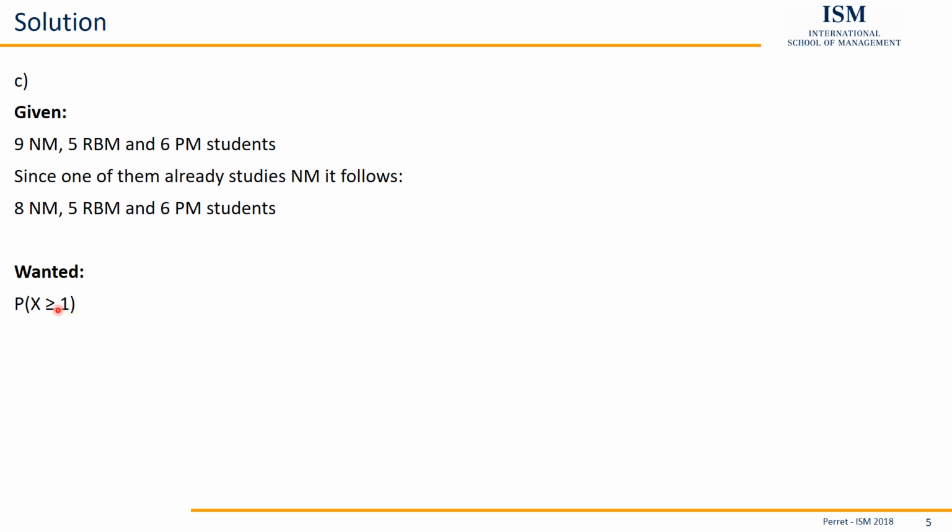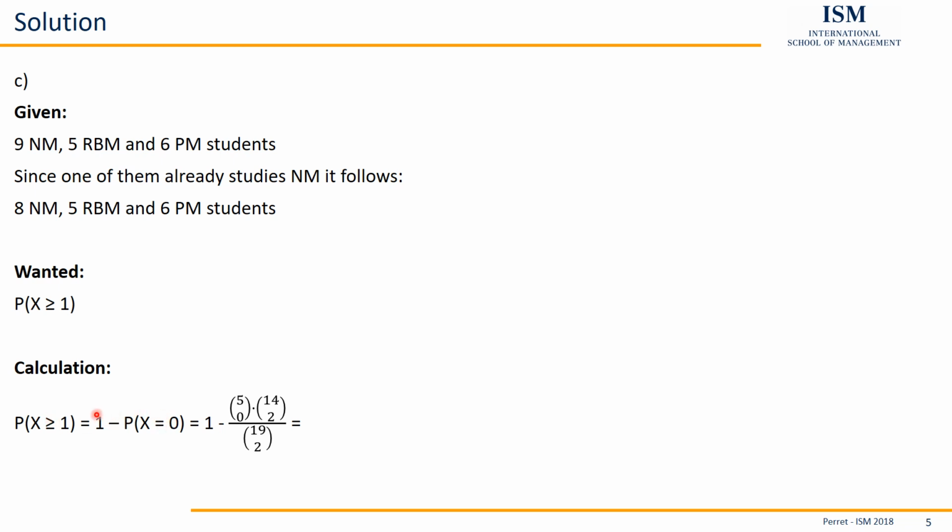Well, we can formulate this as probability of X equal to 1 plus probability of X equal to 2, or we can again work with the counter probability. That's what I'm going to do here, because the counter probability is 1 minus x being smaller than 1. Well, there's only one value smaller than 1, and that's 0.